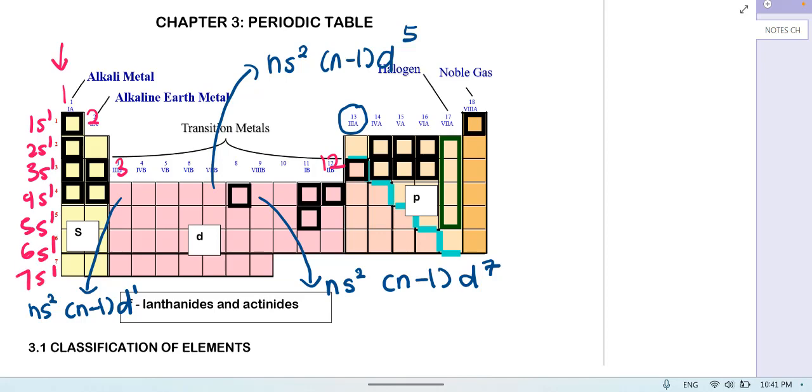So the general valence electronic configuration is ns1. Same goes to group 2, it is ns2. Group 1 is alkali metal. Group 2 is alkaline earth metal.